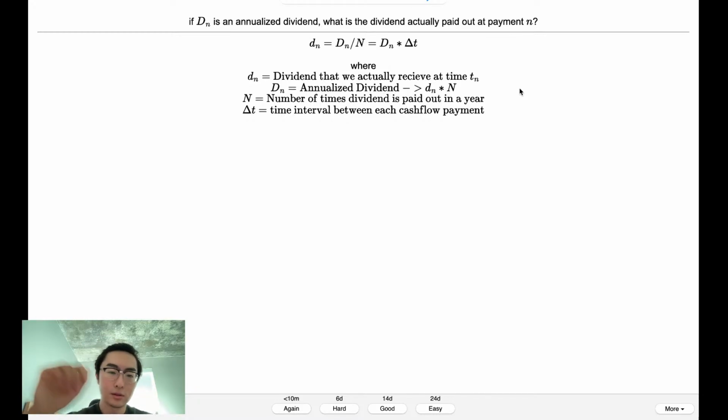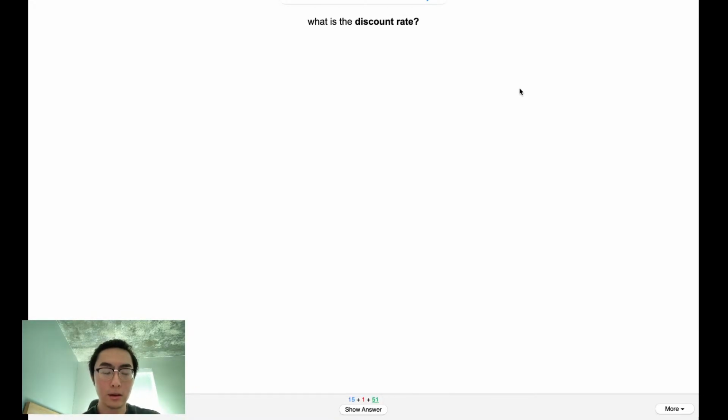Between time interval is the interval between each cash flow payment. Okay. So the discount rate, I think, applies a linear discount on the future value of our investment to get to the present value.